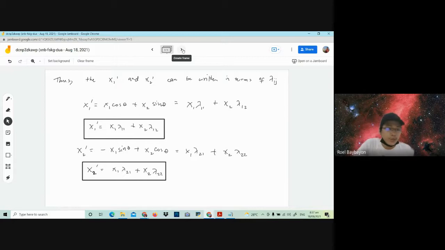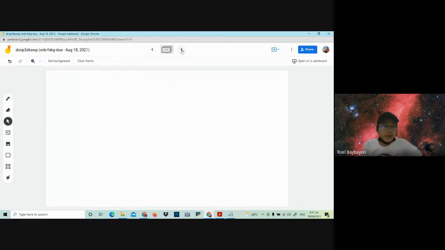So I have x1 prime and x2 prime in terms of lambdas. We call these the direction cosines. Now, this is in 2 dimensions. We can extend this in 3 dimensions.